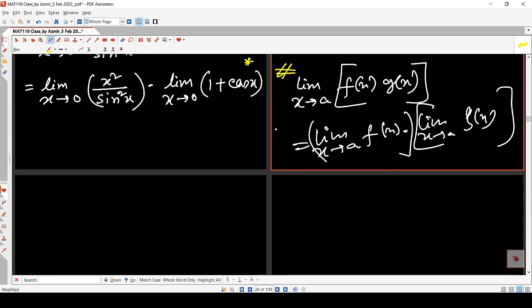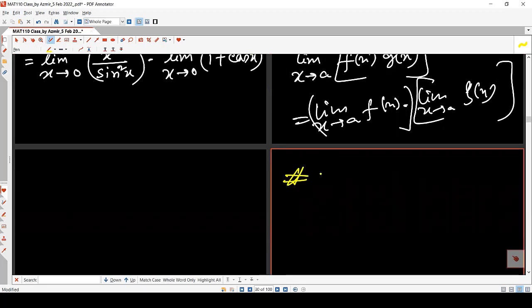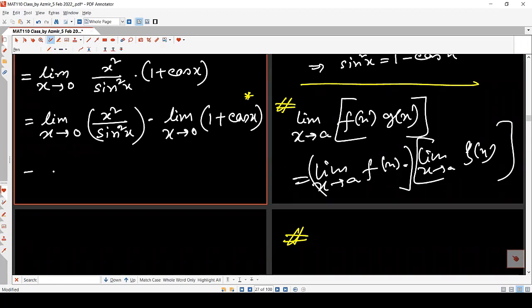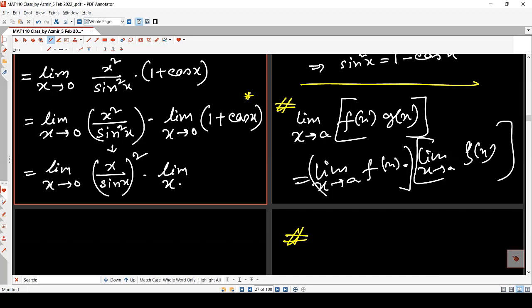Now we also know another property. Let me write this one at first, then I will write the property. The limit as x tends to 0, if we rearrange this, will be x divided by sine x, squared, times the limit as x tends to 0 of 1 plus cosine x.